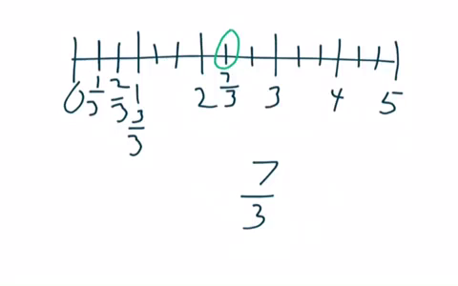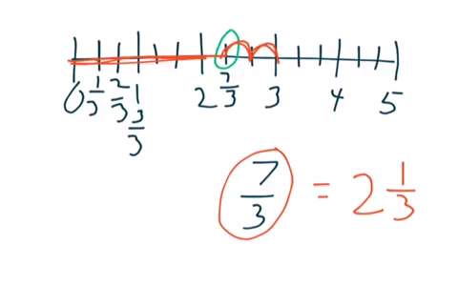Now, what is that fraction? We go all the way to the whole number, which is 2. So 2 is our whole number. And how many more do we go? We go 1 out of the 3 sections. So 7 thirds is actually 2 and 1/3 on a number line. So that's how you find fractions that are bigger than 1 on a number line.